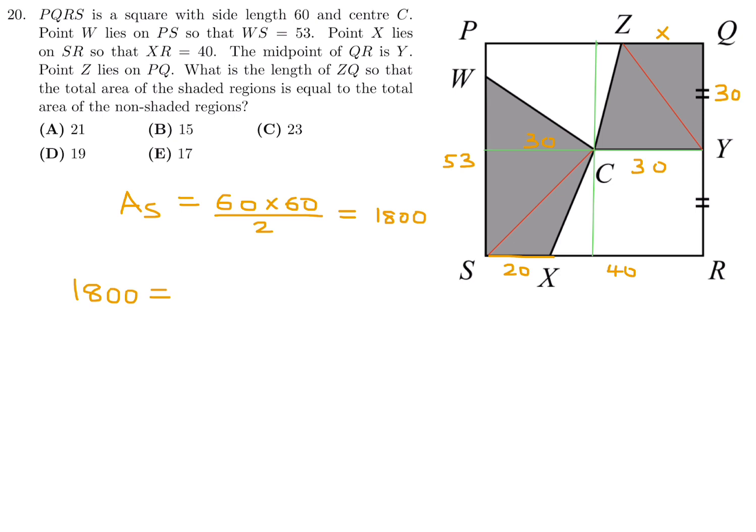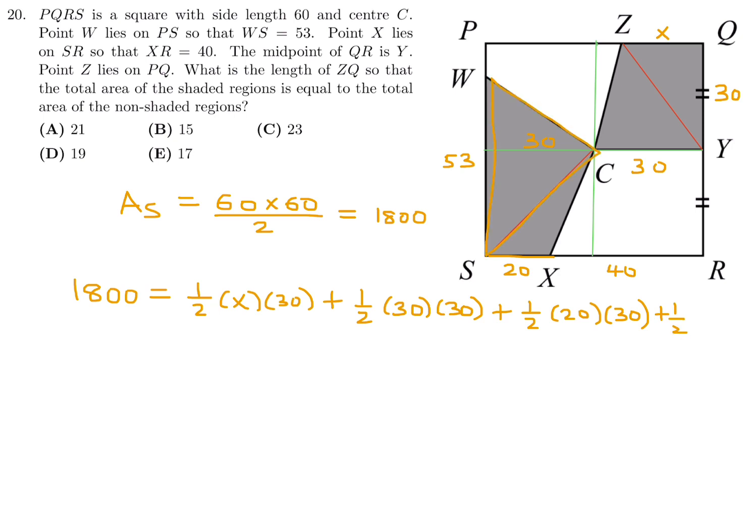So let's see what we can do here. 1800. Well, if I use this triangle first, 1/2 base times height, 1/2 x times 30. Let's see, what can I do next? I'll just do this one. That's going to be 1/2 base is 30, and the height is also 30. And then this triangle right here, 1/2 base, which is 20, times the height, which is 30, and then this triangle, 53 times 30.